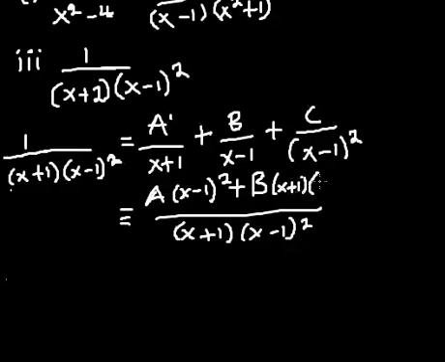and at the same time x minus 1, then plus c, s minus 1 square cancels s minus 1 square, so I am left with s plus 1.